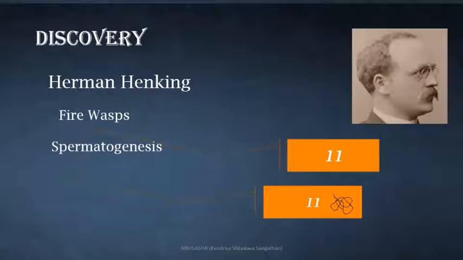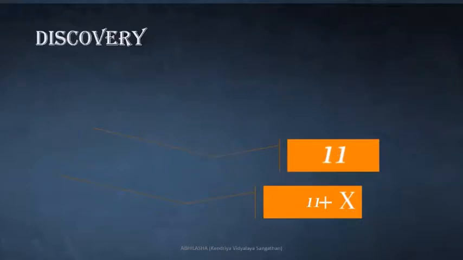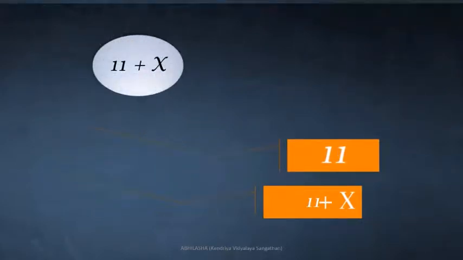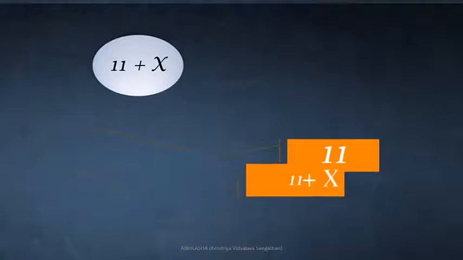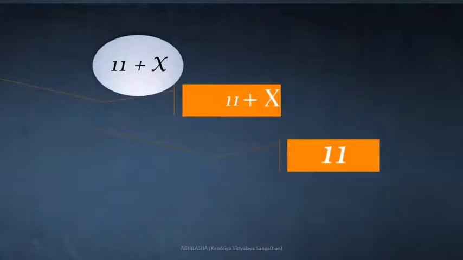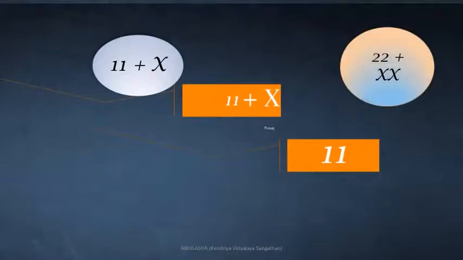Now, a similar situation was seen in many other insects that were studied. Next, when eggs were studied, all the eggs were seen to have X body. That is, females were found to be homogametic. Now, if a sperm with X fuses with an egg, the zygote will have 22 plus XX chromosomes, and this will be a female insect.